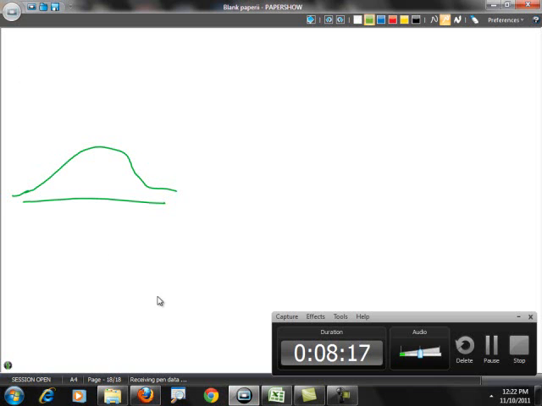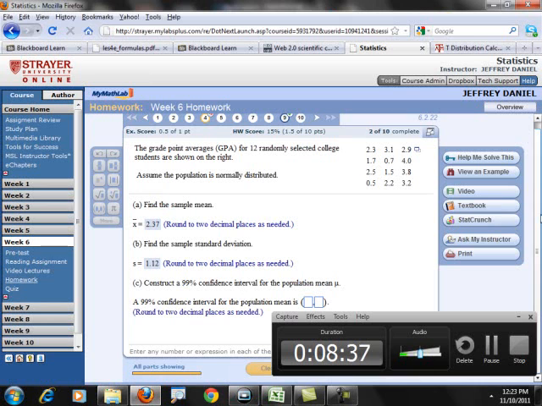But it's less spread out the higher the sample size in this family of curves. You have to deal with the degrees of freedom. Here, the sample size is 12, so n is 12, so the degrees of freedom is going to be 1 less, or 11. But let's talk about the 99% confidence interval in this last minute here, and then I'll use another video to finish it up.